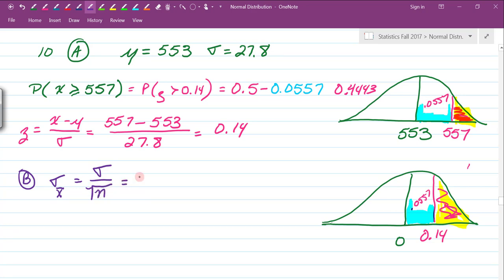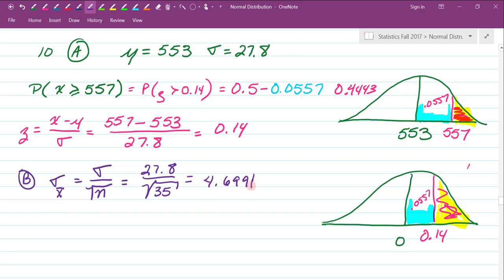So we're going to use 27.8 divided by the square root of n, which we had given in the problem was 35. So we're going to punch that in our calculator, and we find that that is equal to 4.6991.